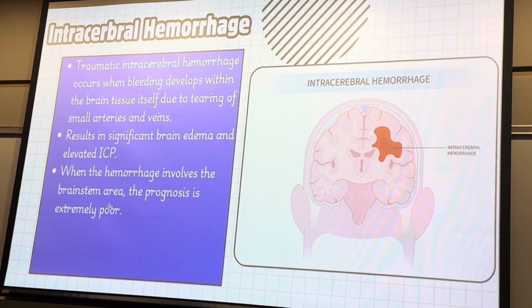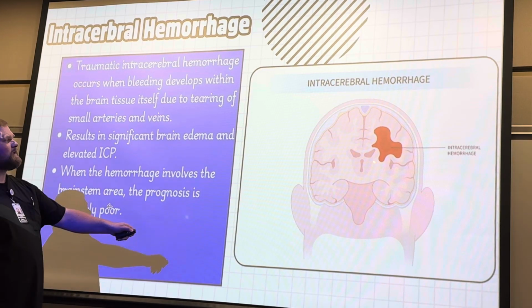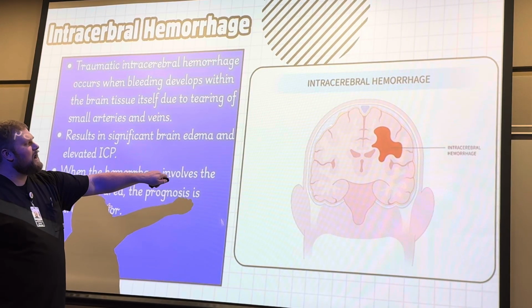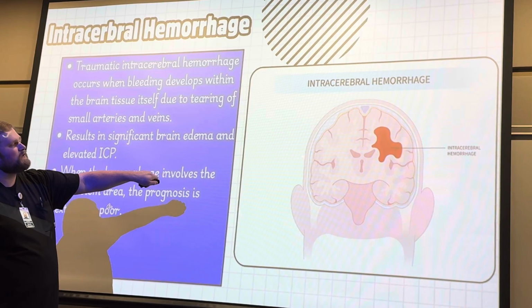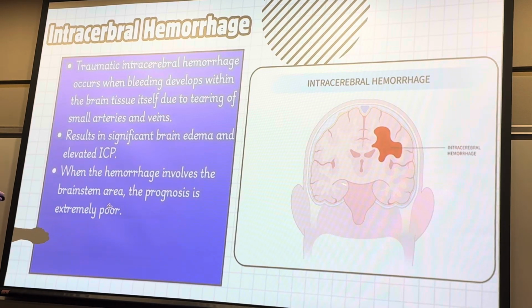Now, intracerebral hemorrhage. So now we're getting within the brain matter itself. We're not in between the layers of the skull, the dura mater, and then the subarachnoid layers. Now we're actually in the cerebral space. So it's pretty self-explanatory there. Inside the cerebral space, intracerebral hemorrhage.